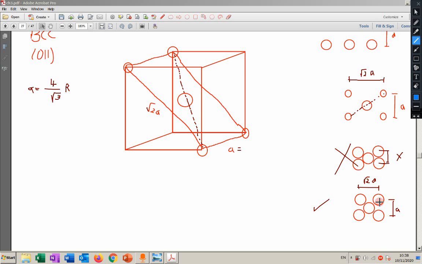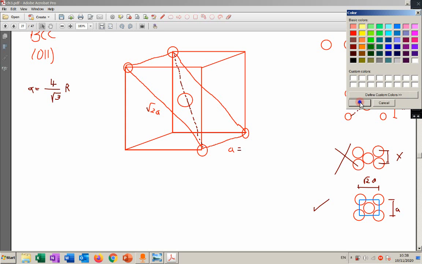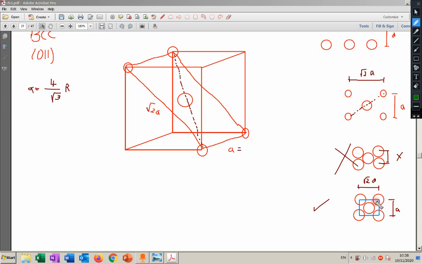So if we draw the plane, which is from the center of the atoms, there we have it. There we can calculate the number of atoms. There is a quarter here, a quarter here, a quarter at this corner, one full in the middle.